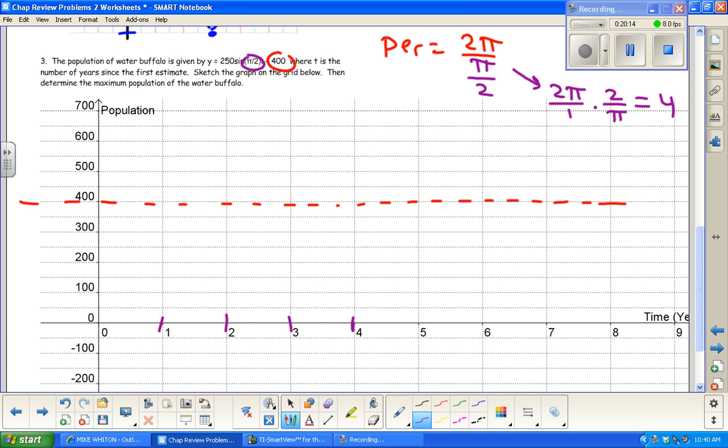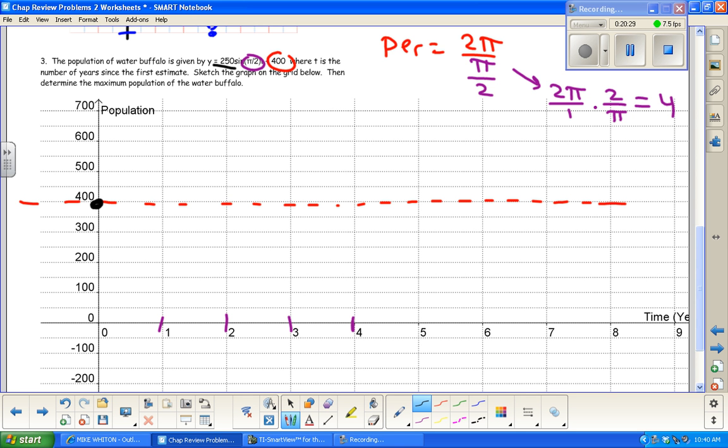And then the amplitude is 250, and it's a sine curve. Sine usually starts at 0, but with the vertical shift, this one will start up at 400. Now the amplitude is how high I need to go from there.